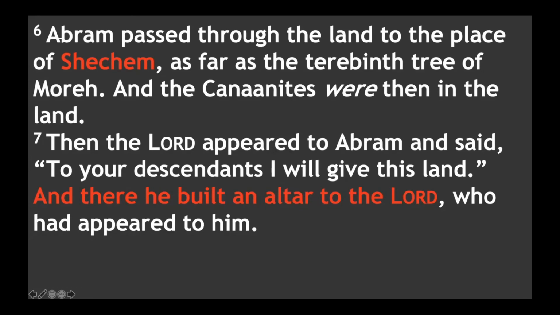So the Canaanites lived in Shechem, and they called it Beit Shakmo, which means the sacred house. Then the Lord appeared to Abraham and said, to your descendants I will give this land. And there he built an altar to the Lord. So Abraham built a sacred altar.